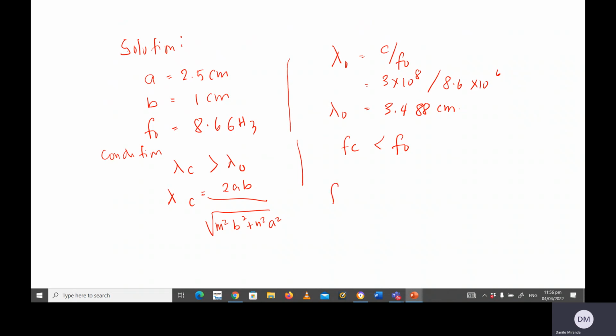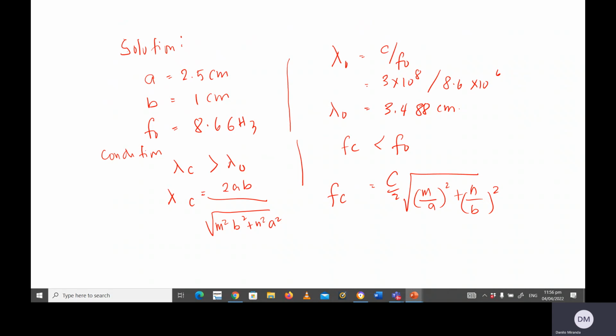And here, sa kabila naman, the cutoff frequency is C over 2 multiply the square root of M over A square plus N over B square. Ayan.